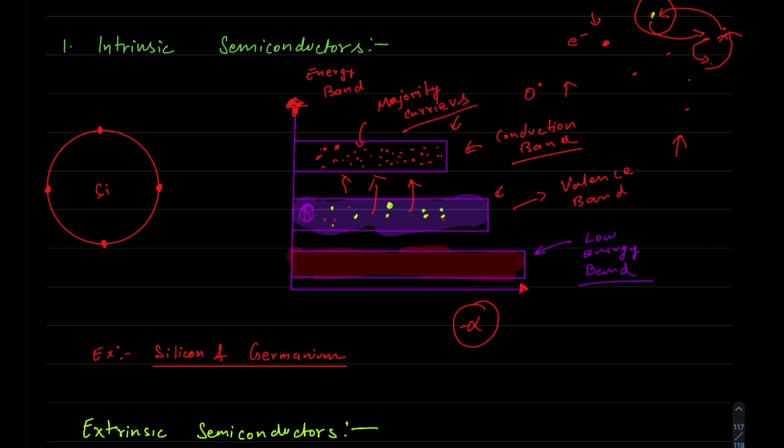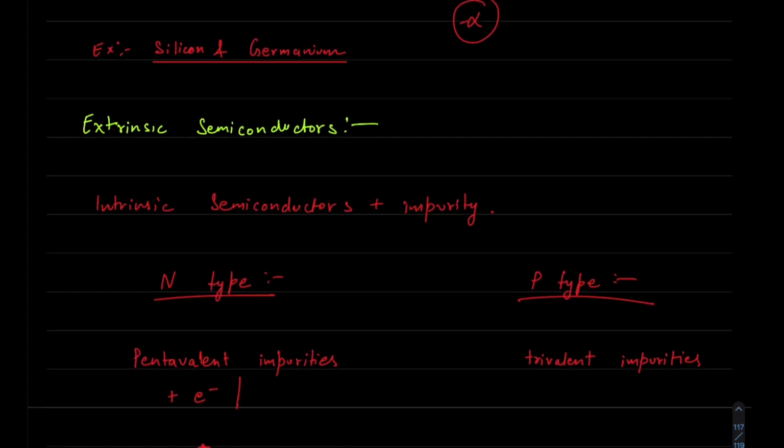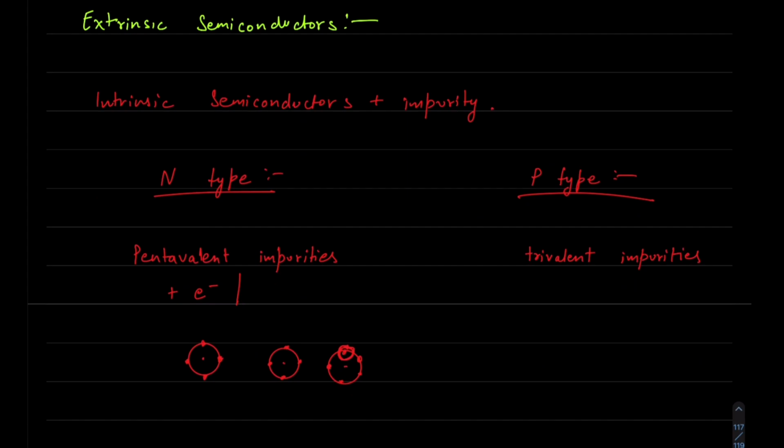Here the concept of majority and minority carriers comes into play. In n-type, negative material, majority carriers are electrons and minority carriers are holes. In p-type, where there is a reduction in the number of electrons, majority carriers are holes and minority carriers are electrons, right?